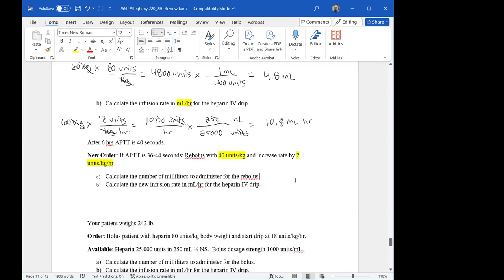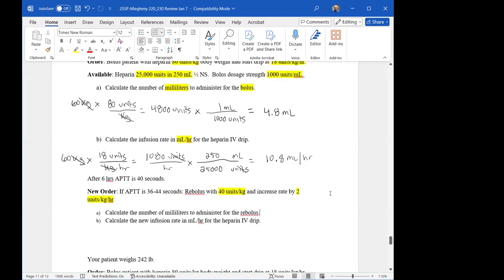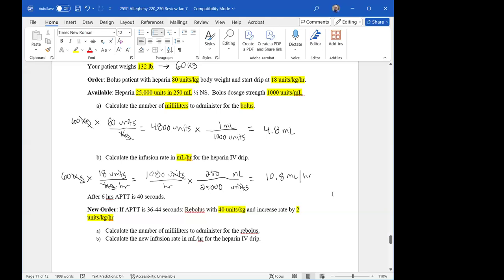So I'll walk through this too. Again, these are just extra questions. You may see a question where it says, the original order was, and then after 6 hours, the APTT is this, and so the new order is to rebolus at 40 and then to increase the rate. You have to know what the original rate was in order to calculate the new rate.